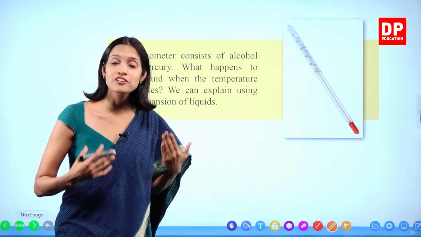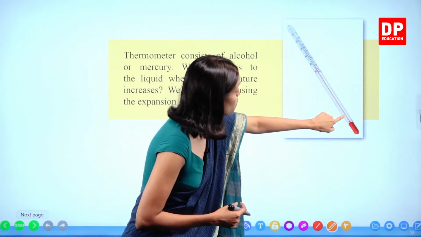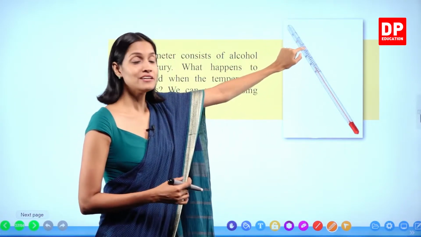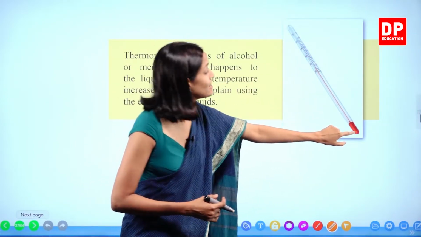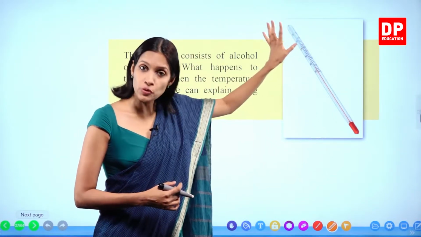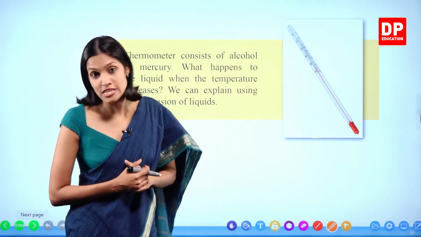Because of the expansion of liquids, which means the volume increases, that increased volume goes up. Okay, children? So according to the temperature of the water in the beaker, the liquid level inside the capillary tube goes up, and thereby we can read the correct temperature.